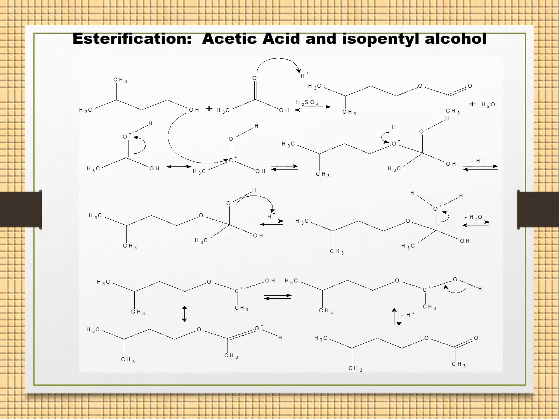Then a carbocation will be created because of that, and this carbocation can undergo resonance with the carbon and oxygen, and finally by deprotonating this intermediate we can have our isoamyl acetate, our final ester.